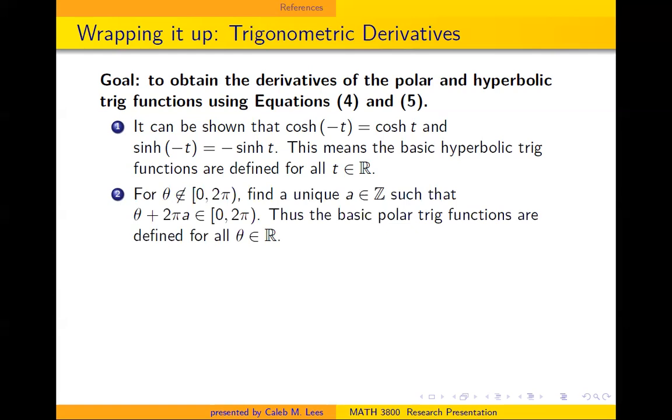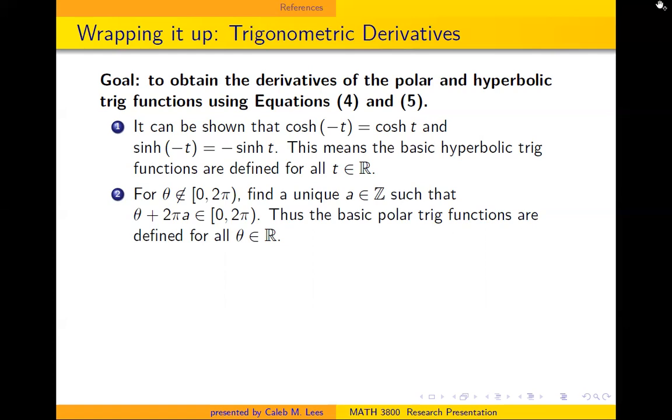So any angle we're given, we can convert it back into the interval 0 to 2 pi. So the basic polar trig functions are also defined for all theta in R. By the way, that forces sine and cosine to be periodic. That's correct. Yes, you guys mentioned that. If you didn't know anything about sine and cosine, you just defined it in terms of the area parameter and did this, it forces them to be periodic.